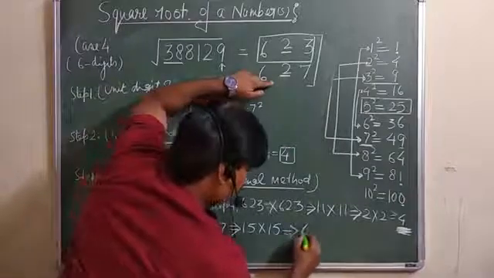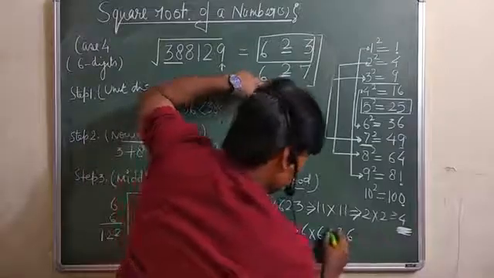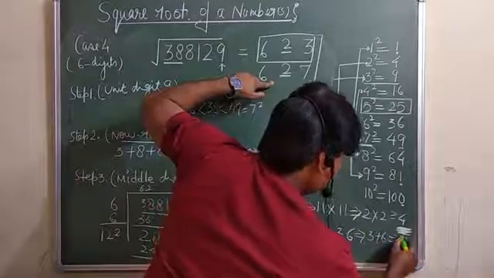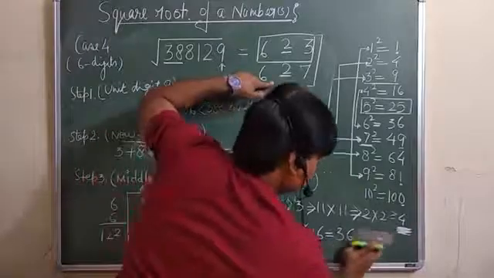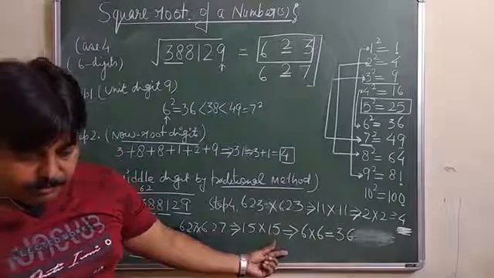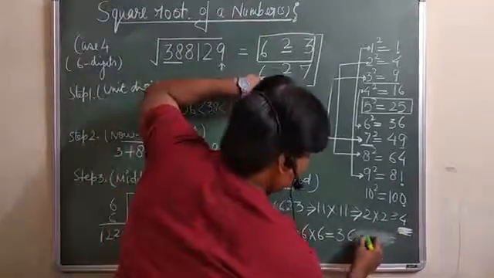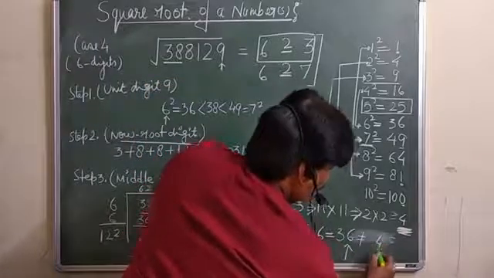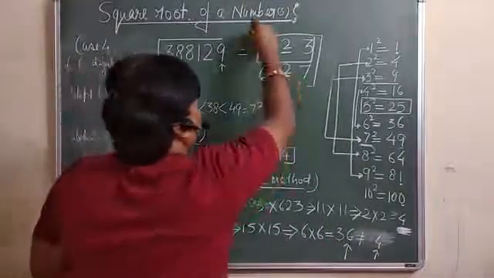And this is 6 into 6, this is 36, 3 plus 6, that is 9. 6 into 6, 36 you are getting, which is not equal to 4. So that's why this number cannot be the square root of this number. So the square root of this number is this one.